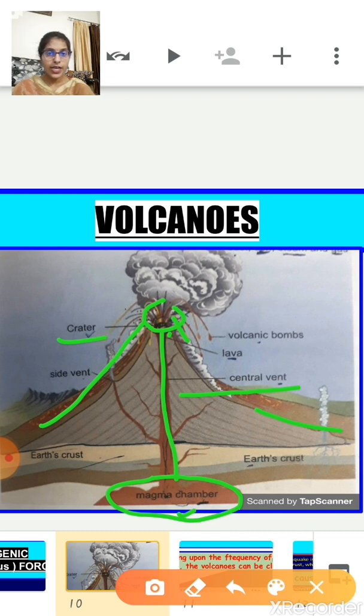As eruption takes place, the erupted material accumulates around the crater and forms a conical hill or mountain known as the volcanic cone.